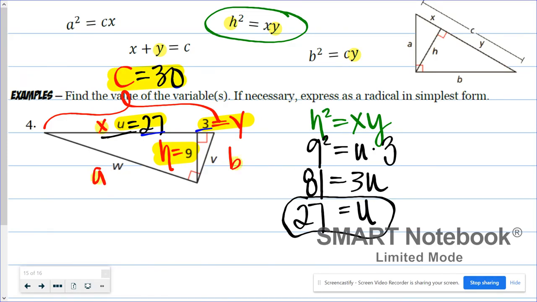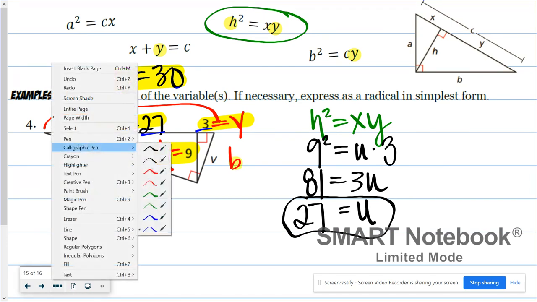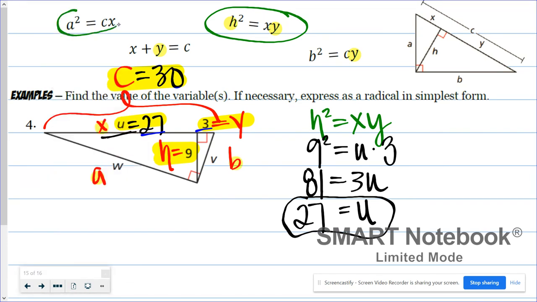Okay. Because if you look at the formulas above, A squared equals C times X. I know C and I know X. So now I can very easily find A squared. So A squared equals C times X. What I call A, they're calling W. So I'm going to bring in their variable.